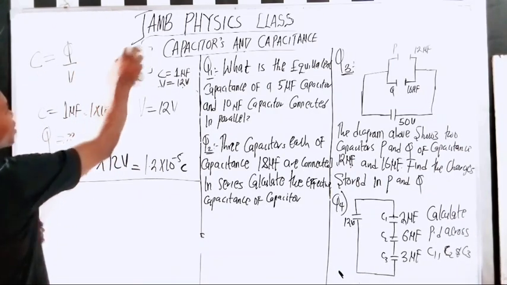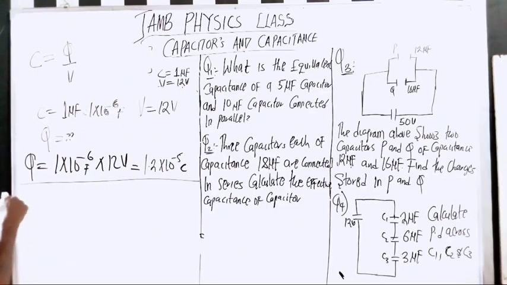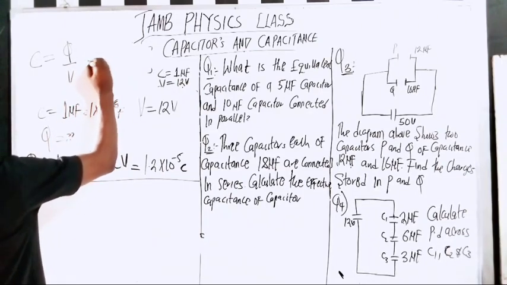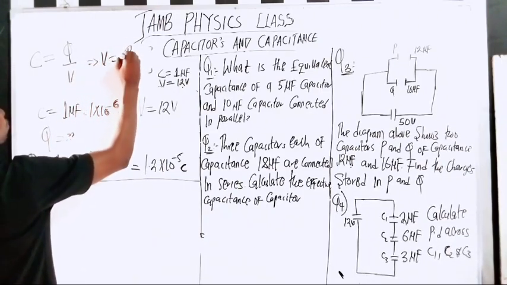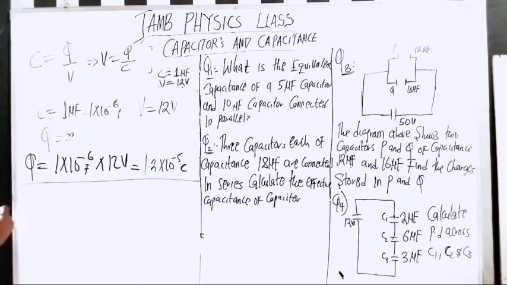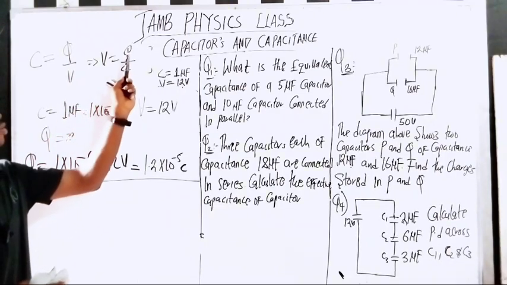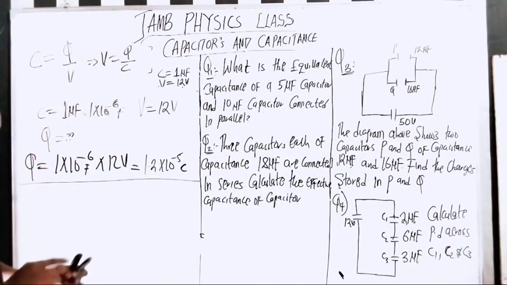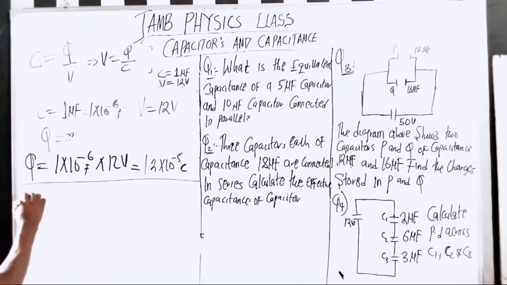If you make V the subject of the formula, V equals Q divided by C.